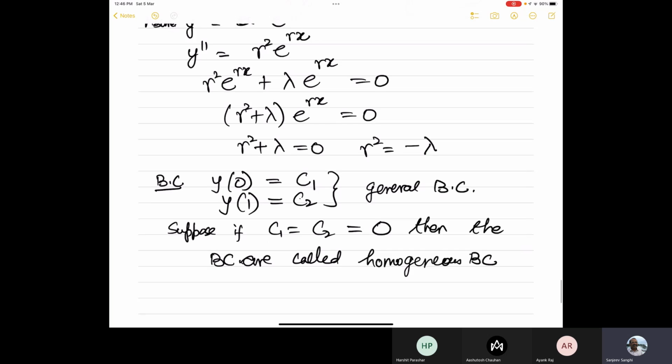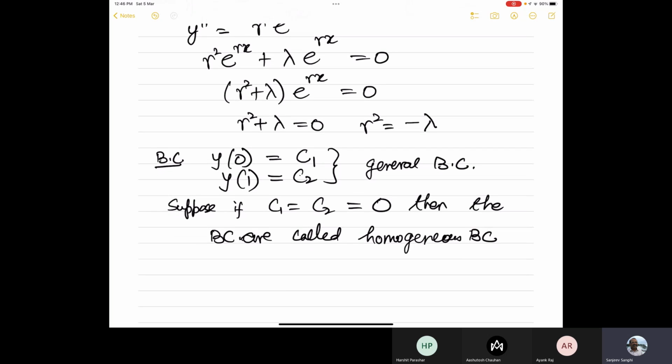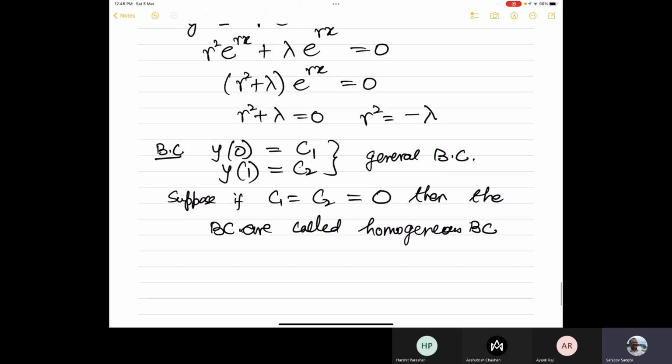Because now what happens is, of course in many of these cases, if both the equation is homogeneous and the boundary conditions are homogeneous, you will say the solution is 0.